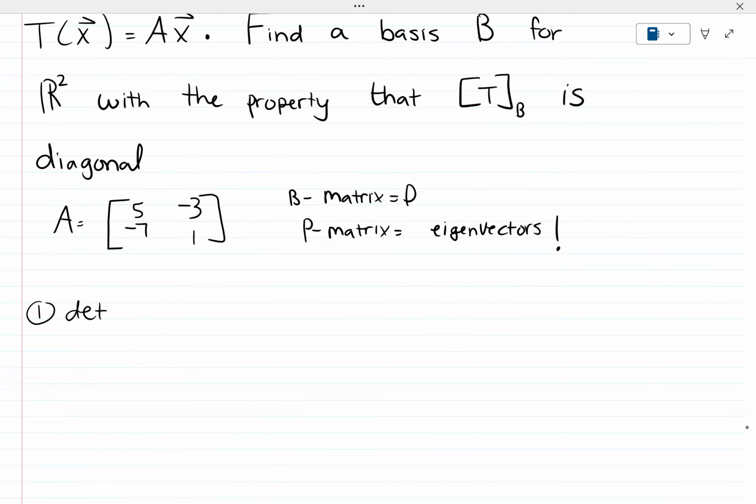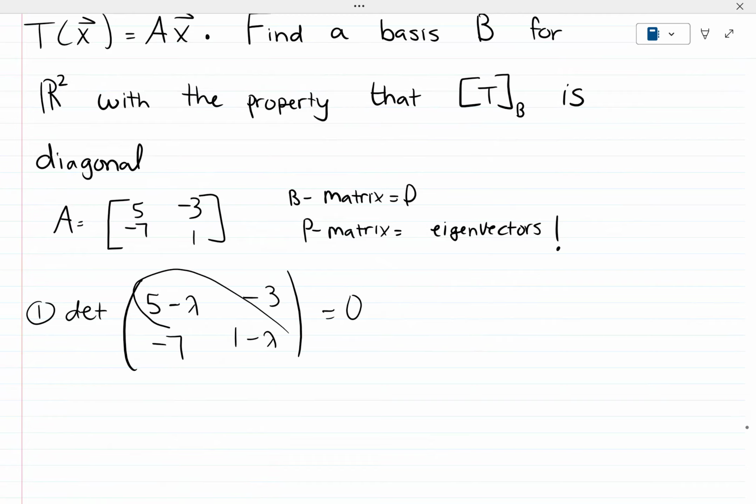So this is easy. The determinant of A is a 2 by 2, so this is going to be 5 minus lambda, and then -3 stays the same, and then this is -7, and then 1 minus lambda, equals 0. And then it's easy to find the determinant of a 2 by 2.